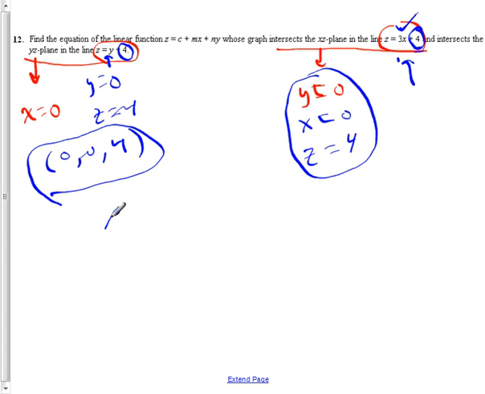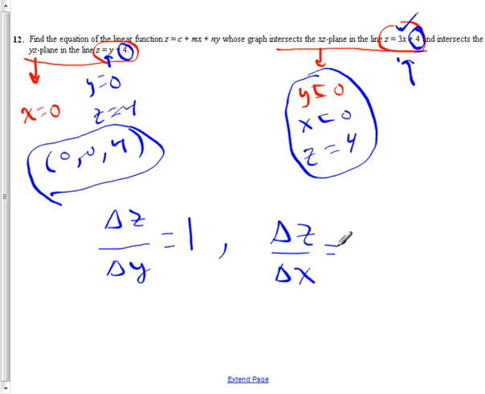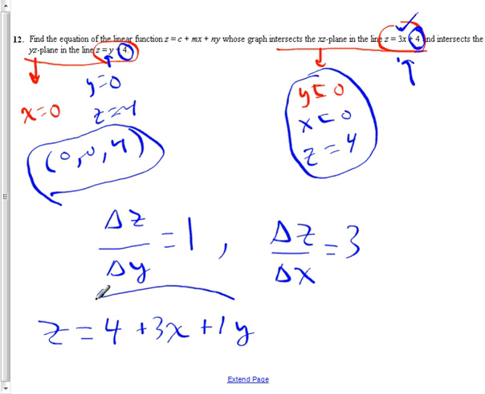So I get that change in z over change in y equals 1, and change in z over change in x equals 3. So we get the equation z equals my z-intercept, which is 4, plus 3x plus 1y.